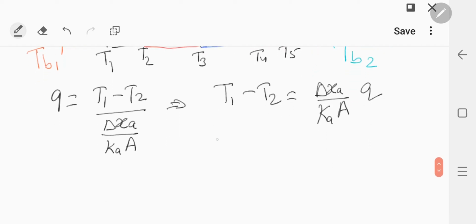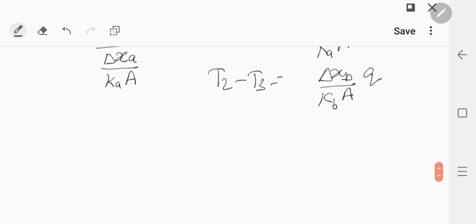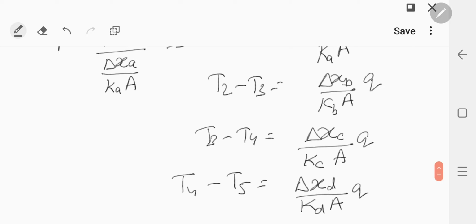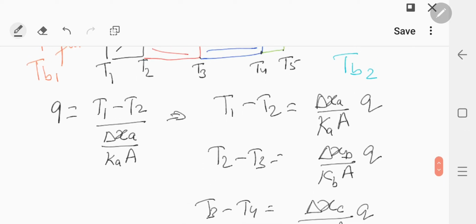Similarly, for T2, T3, it will be delta XB over KB area A into Q. Similarly, T3, T4, delta XC over KC A Q, and T4 and T5, delta XD over KD A Q. Now these are the terms which we got under steady state condition, and there is no generation and no heat loss.